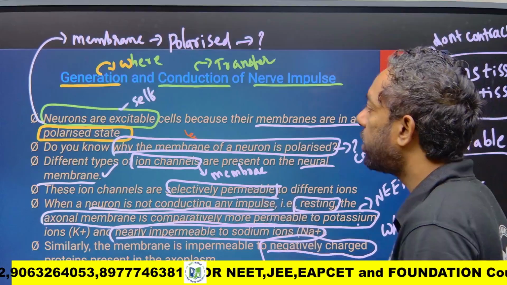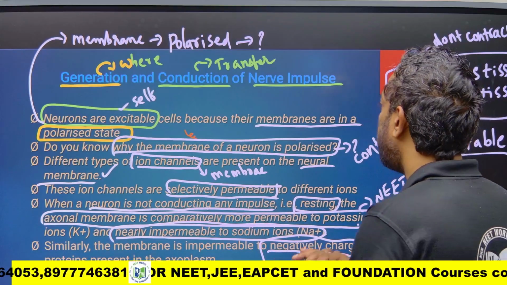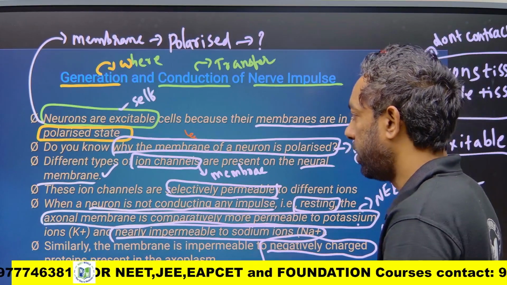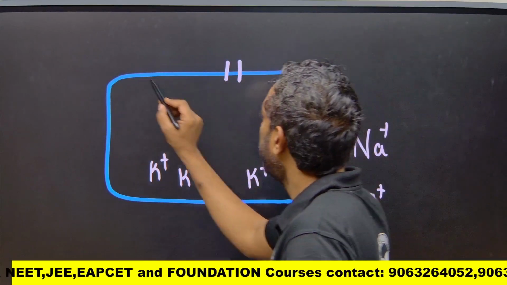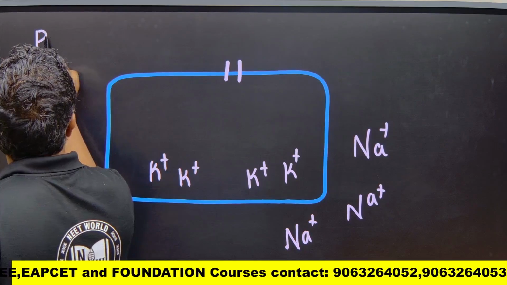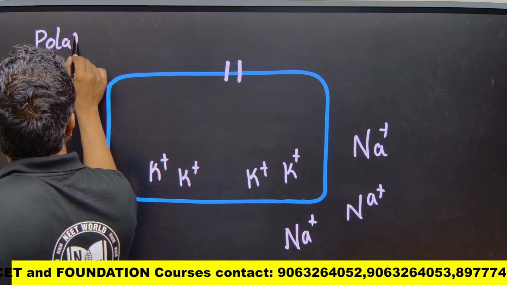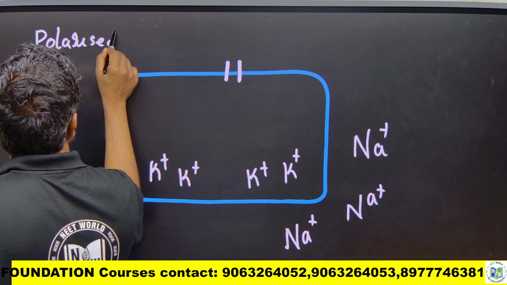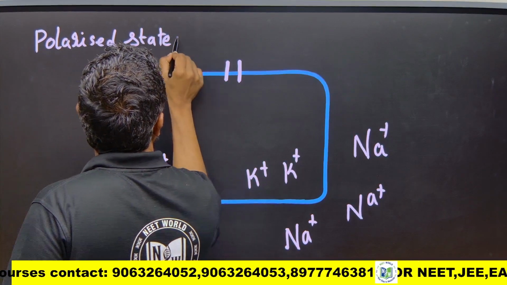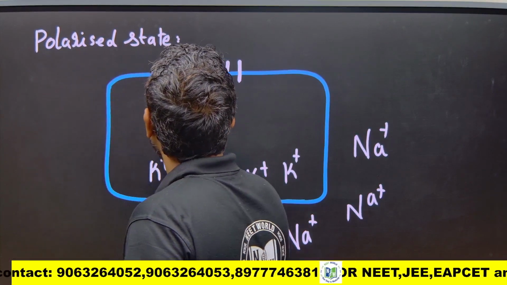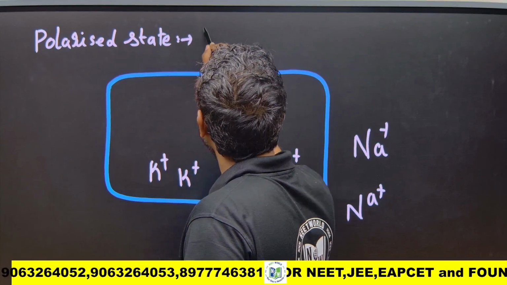Neurons are self-excitable because their membrane is in a polarized state. This is the polarized state, the resting potential.